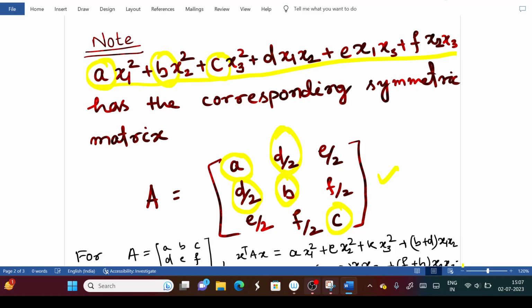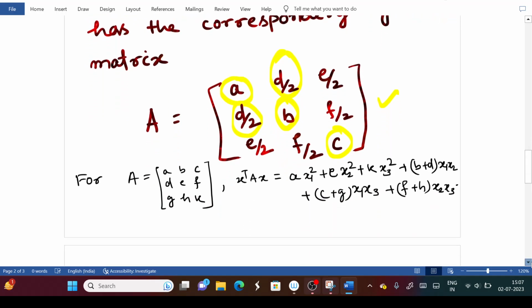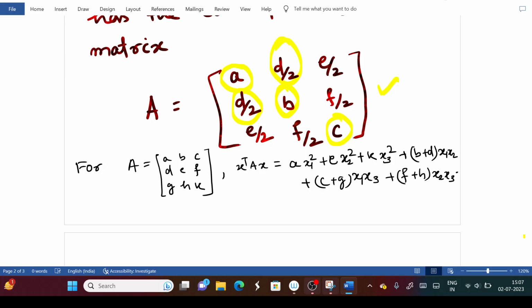Similarly, if I have a matrix, what is the corresponding quadratic form? Suppose this is my matrix A, B, C, D, E, F, G, H, K. Then A into x1 square plus E into x2 square plus K into x3 square, plus the sum of the 1, 2 and 2, 1 position elements into x1 x2, plus the sum of the 1, 3 and 3, 1 position elements into x1 x3.